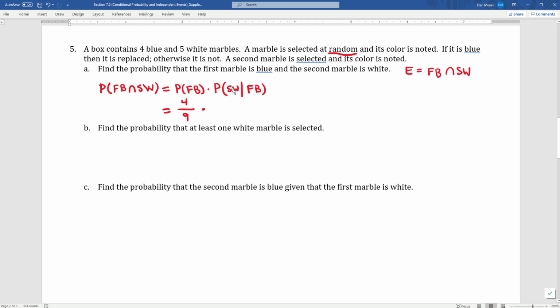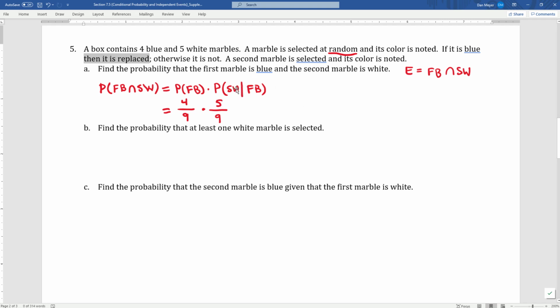Now, the probability that the second is white given that the first is blue. Since the first one was blue, we're going to put it back in. So in the second round there are still 9 marbles, and 5 of them are white. So the probability that the second one is white, given that the first one is blue, is 5/9.